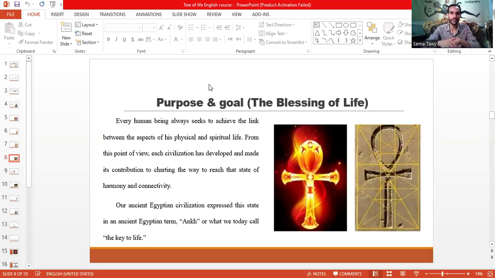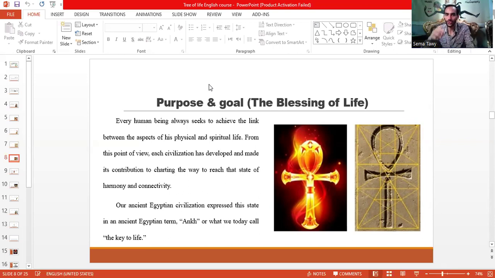And on the other side, the people who do their best searching for physical needs only and leave their spiritual needs behind them, they will not reach the blessing of life. So the key of life is the first step to understand in the path of life.